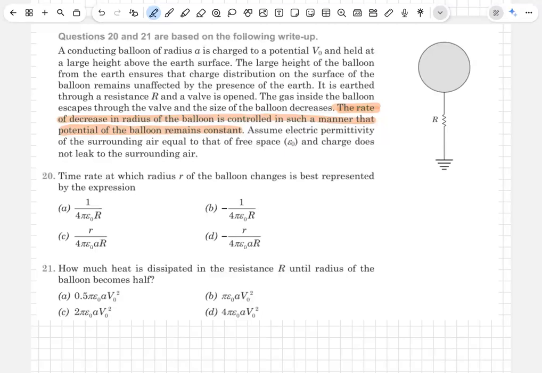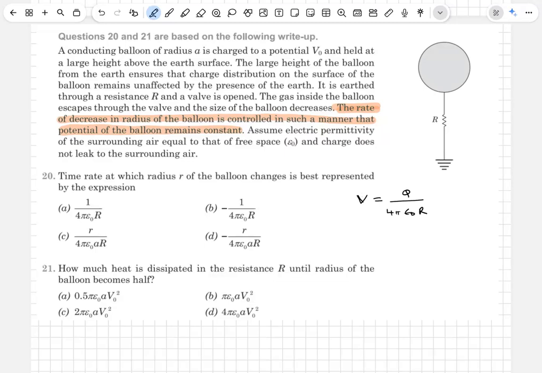My point is, there is an observation: the potential of the balloon remains constant. What is the potential of the balloon first of all? The expression for potential at an instant, when the charge is Q, is Q by 4 pi epsilon naught R.